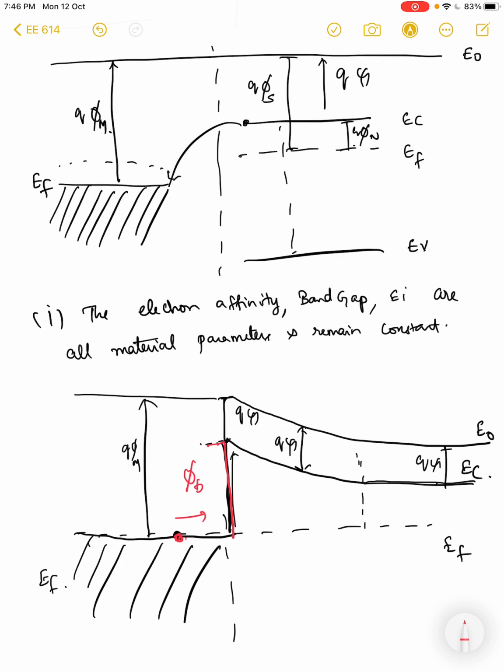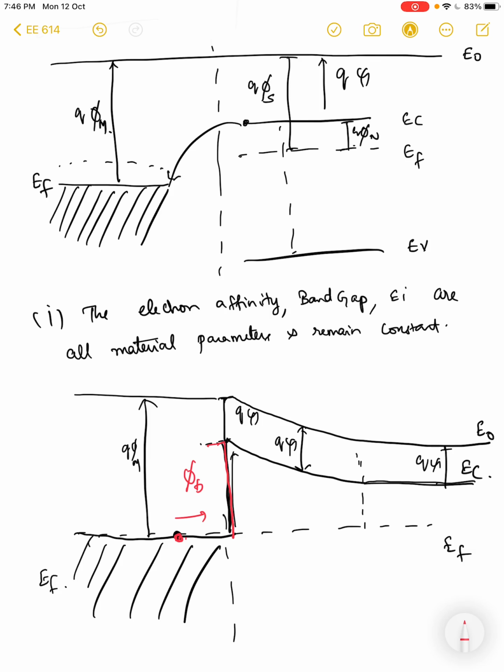That is the rho right hand side. So the rho left hand side should be same, but it should be minus q nd wd, right? And if this is the actual density here, and this is point charge density, so E at x is equal to 0 is E max, which we know to be minus q nd wd by epsilon s.